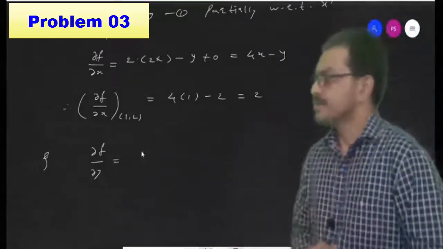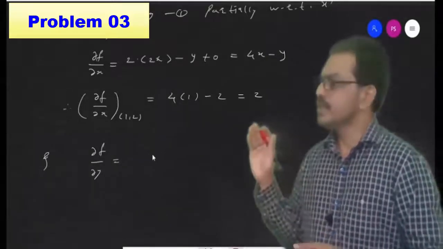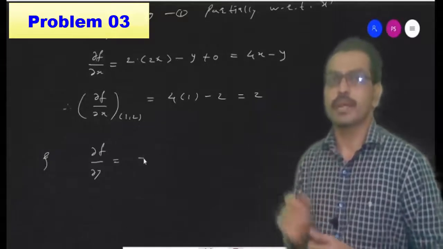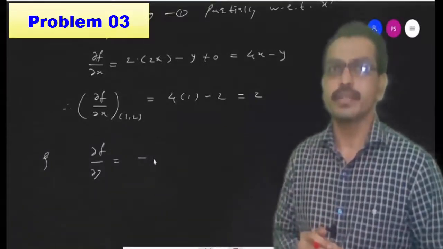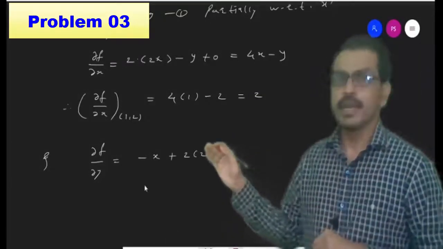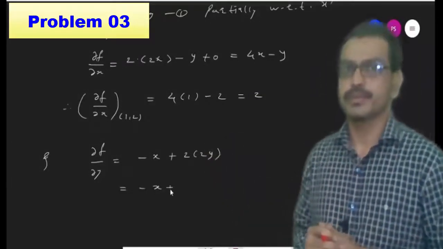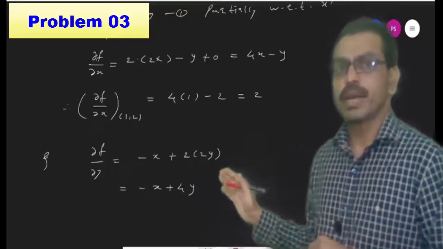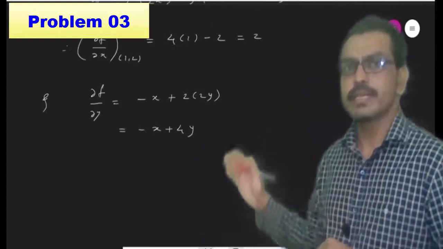And differentiating equation 1 partially with respect to y, treating x as constant. Therefore, ∂f/∂y is equal to −x plus 2 into 2y, which is −x + 4y.